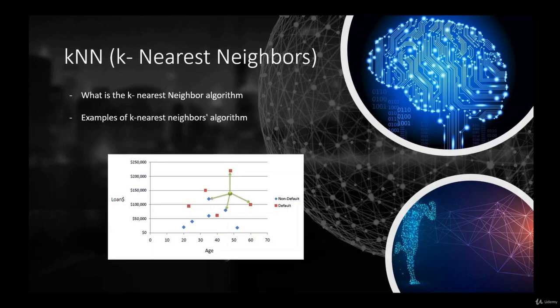The KNN algorithm has no specialized training phase and uses all the data for training while classifying. This is why it's known as a lazy learning algorithm. KNN also doesn't assume anything about the underlying data, which is why it's considered a non-parametric learning algorithm.